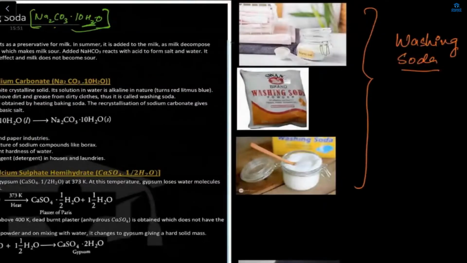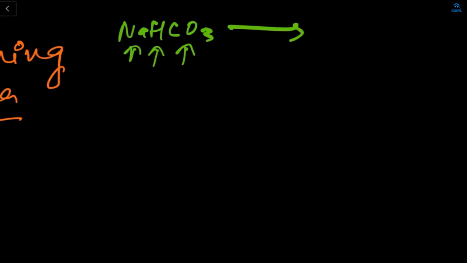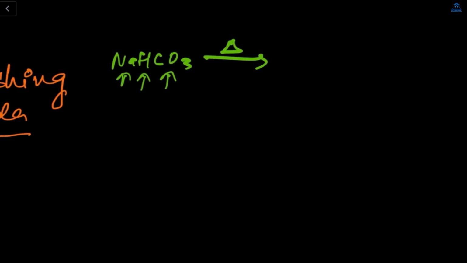Now, how will we form this washing soda? From sodium hydrogen carbonate, NaHCO3. Na is sodium, H is hydrogen, CO3 is carbonate. NaHCO3 was my baking soda, right?